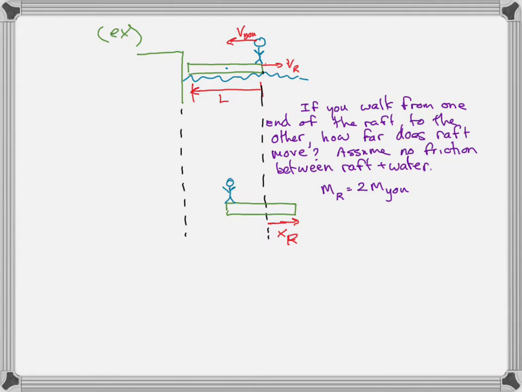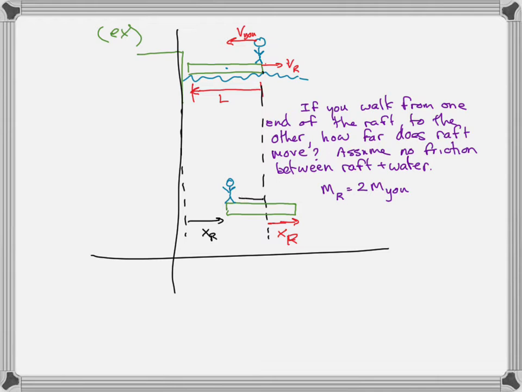So if our coordinate system is this coordinate system here, then we can say that the end of the raft has moved x r in that direction, and I have moved a distance L minus x r in that direction. What we're trying to solve for is x r. How far does the raft move? That's the distance x r. x r equals what?